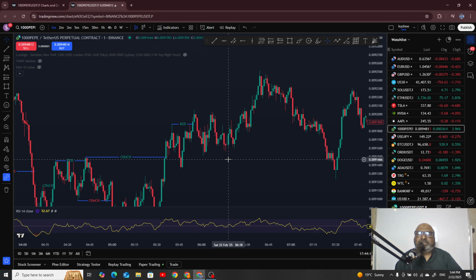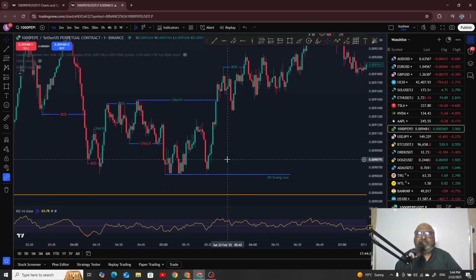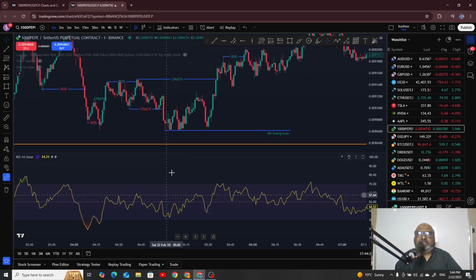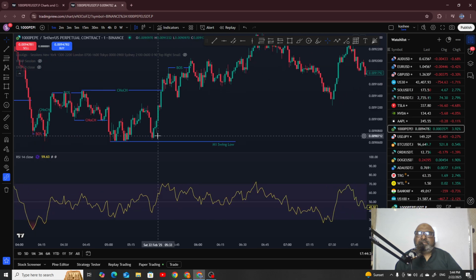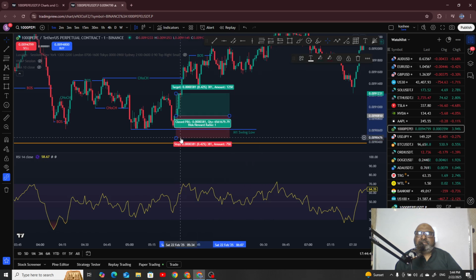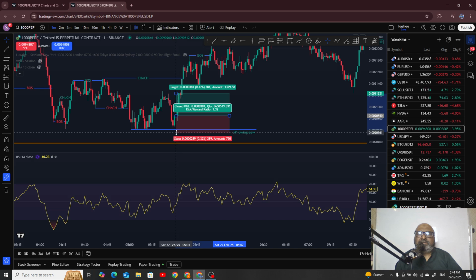Okay, so from here, with the help of RSI divergence and candlestick pattern, you can take buy position if you want. Okay, you can take buy position somewhere here, somewhere here, with this much stop loss.